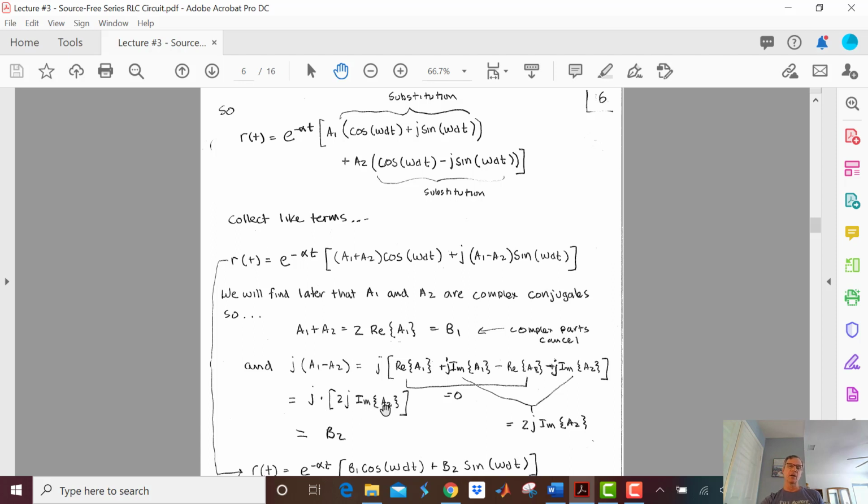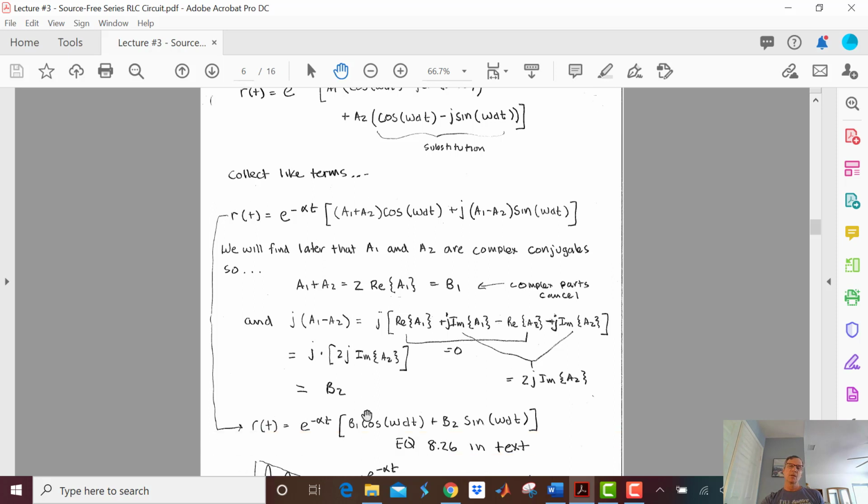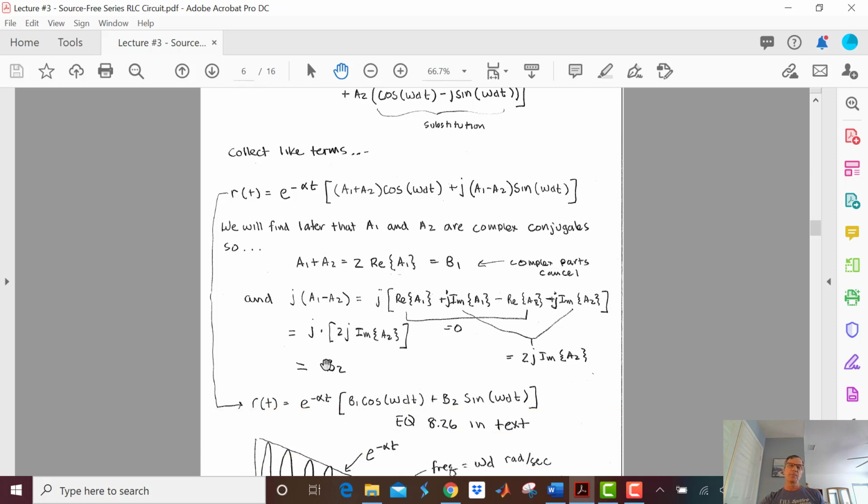I just know this is a constant. And I can now write my response using real numbers. Response of t equals e to the minus alpha t times B1 cosine omega d t plus B2 sine omega d t.